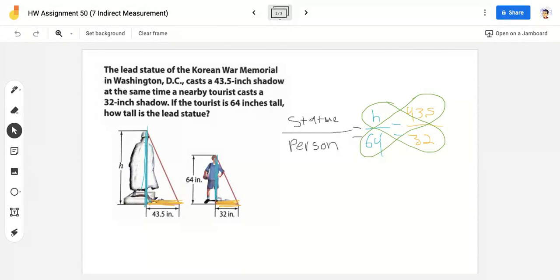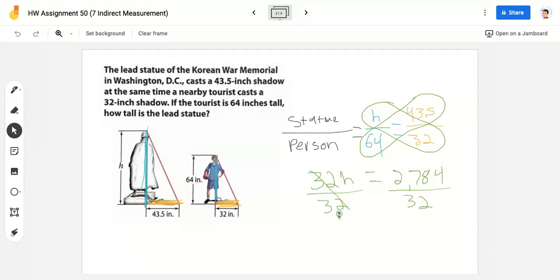So we'll have 32h equal to 64 times 43.5, which is 2,784. Divide both sides by 32.